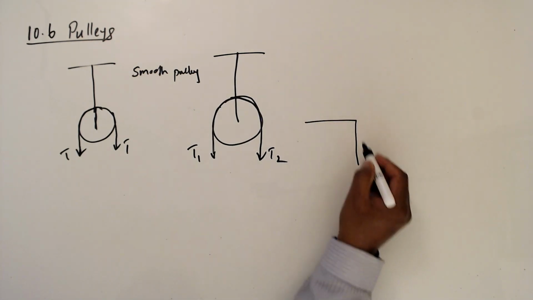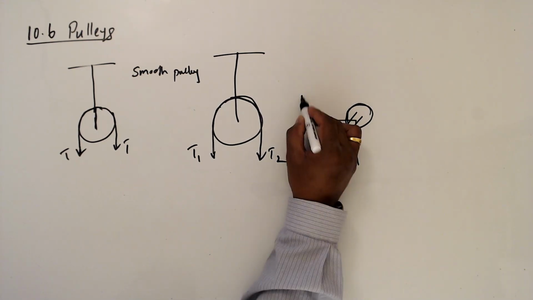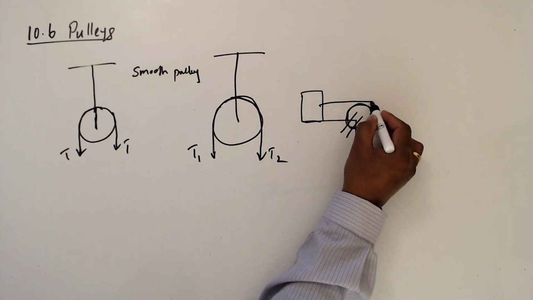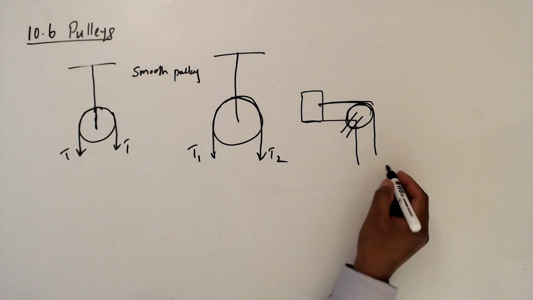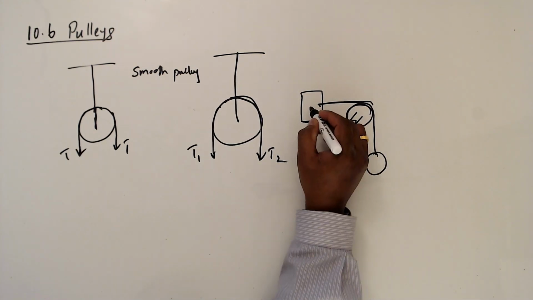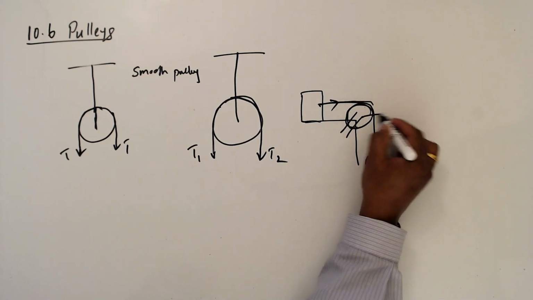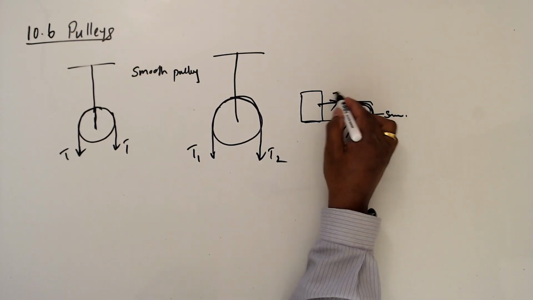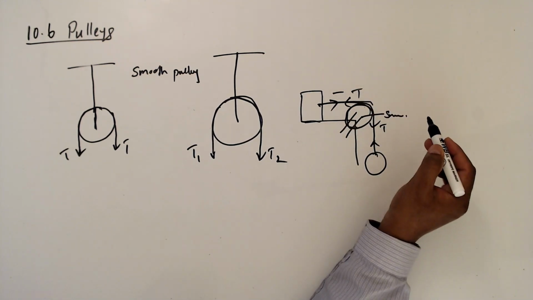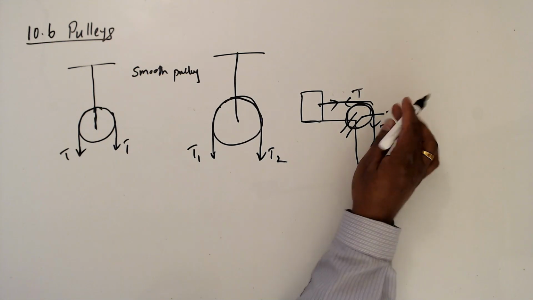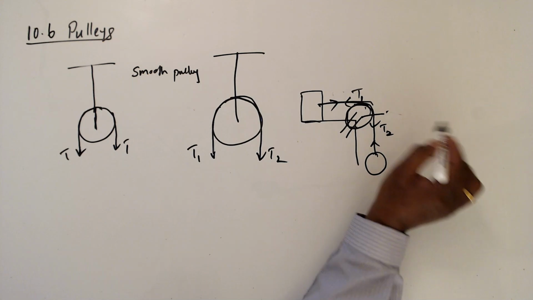If we place the pulley like this, from here, if this is a smooth pulley, this is also T, this is also T. If it is a rough pulley, then from this point onward, this is T1 and this is T2.